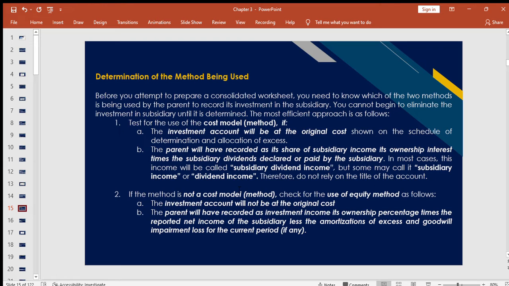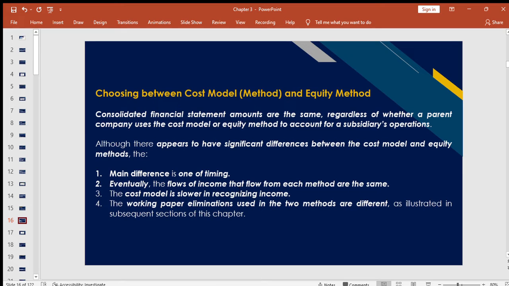Kapag merong ganyan, the method used is equity method. Okay? Then, choosing between cost model and equity method, the consolidated FS amounts are the same regardless of whether the parent uses cost model or equity method to account for its subsidiary's operation.